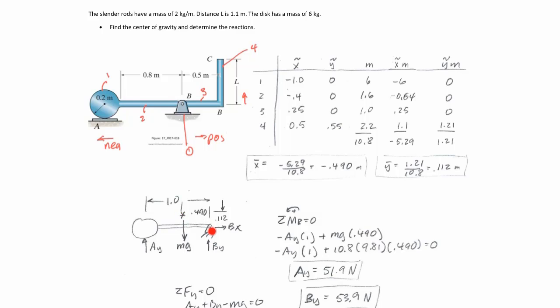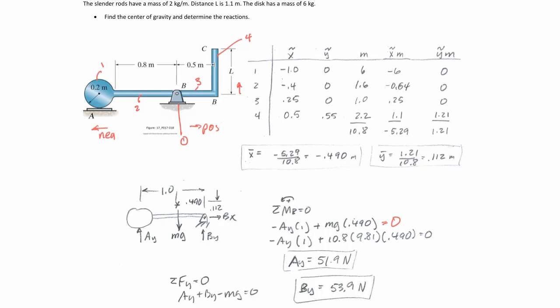Sum the moments about B, and you can find AY. AY times 1 minus mg times 0.49 equals 0. Should have put that equals 0. Sorry about the red. Find AY doing that. Sum the forces in the y, and you can find BY.